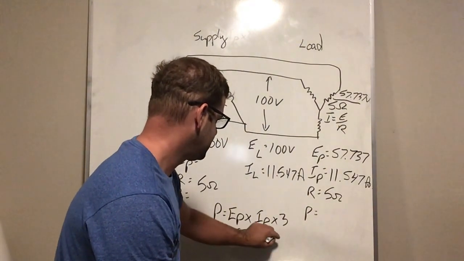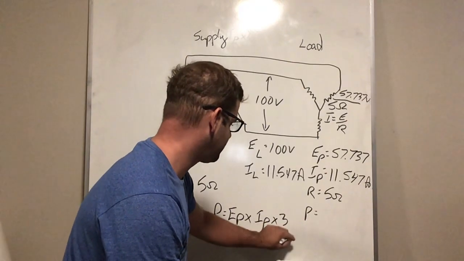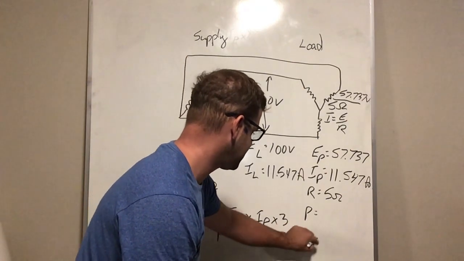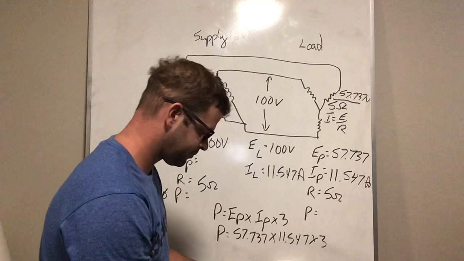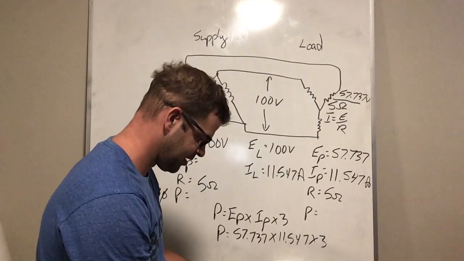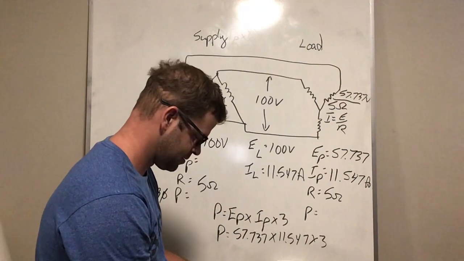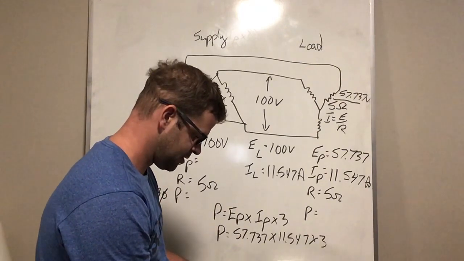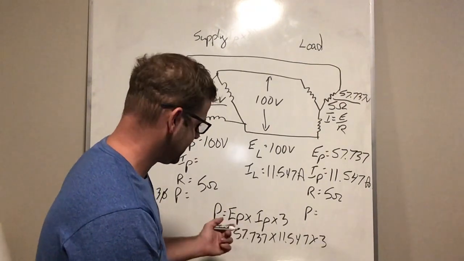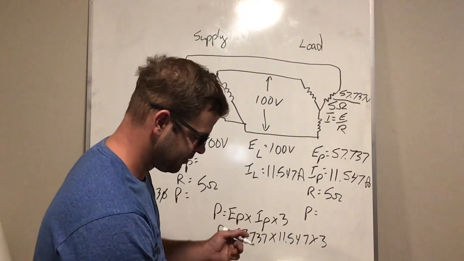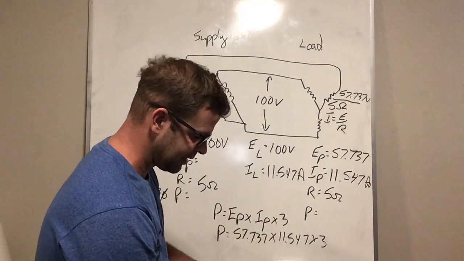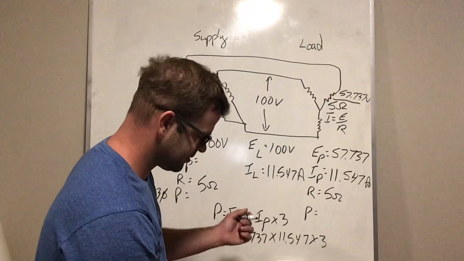57.737 times 11.547 times 3. So if I take those three values and I multiply them together times 3, I get a value of almost exactly 2,000 kilowatts.